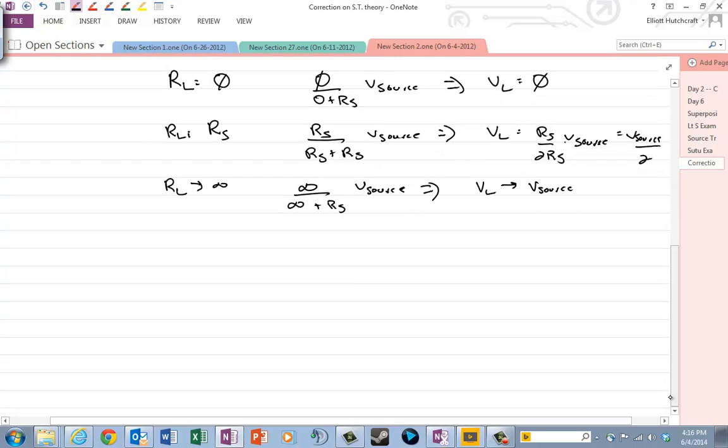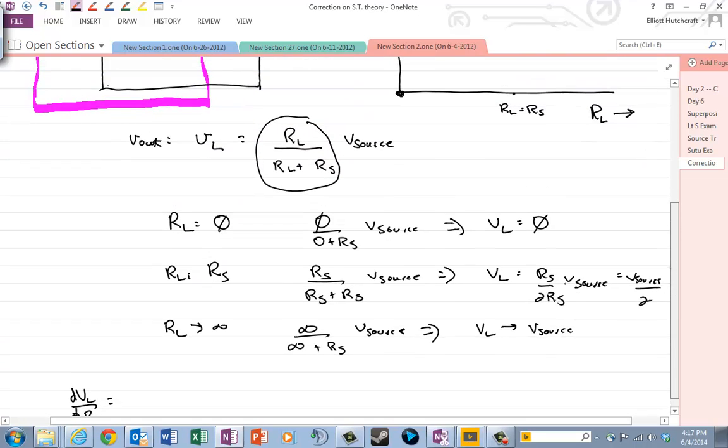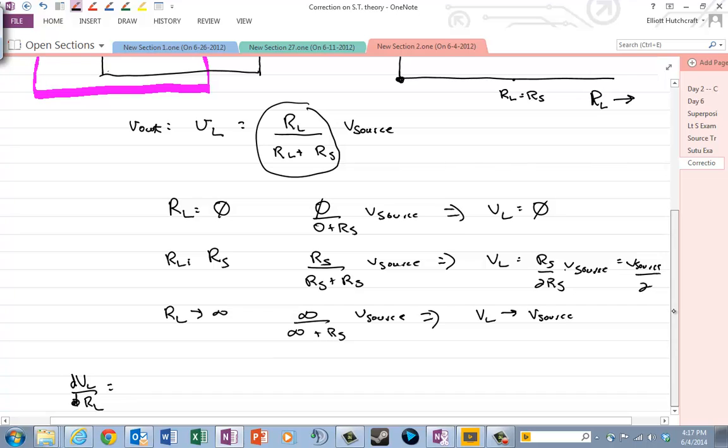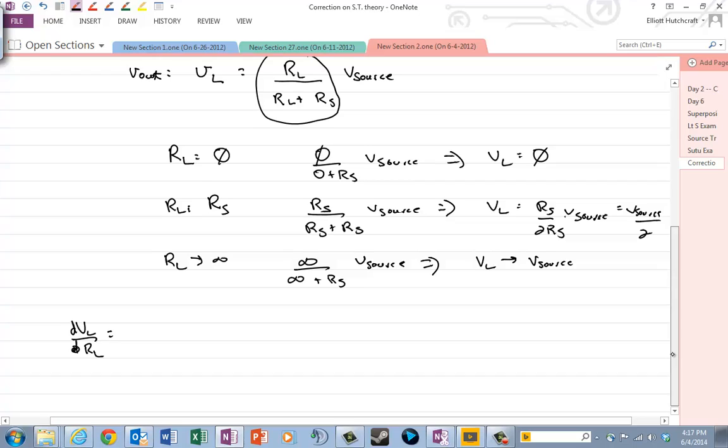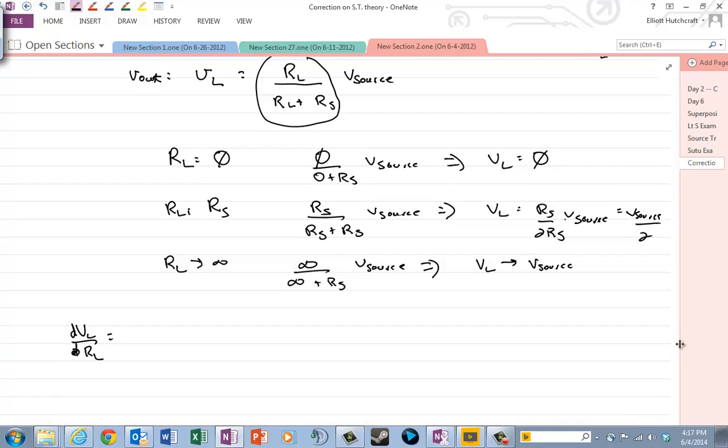So maybe the first thing we should do is take the derivative of VL with respect to RL, and that'll tell us what the slope looks like. Now, I can look at this and say, okay, I'll use the quotient rule: bottom, RL plus RS, times the derivative of the top.